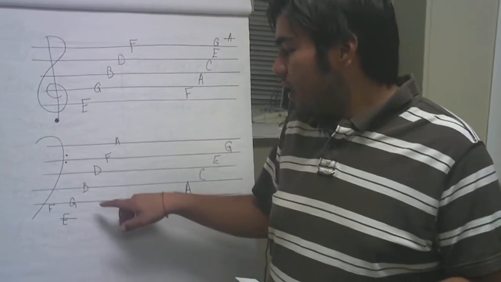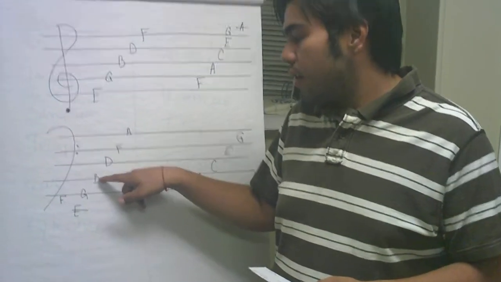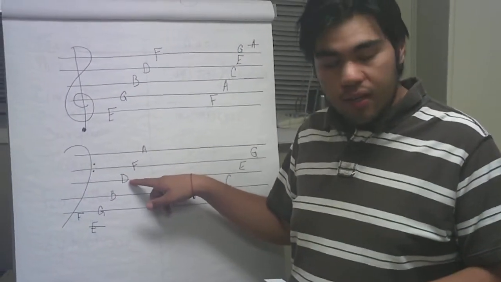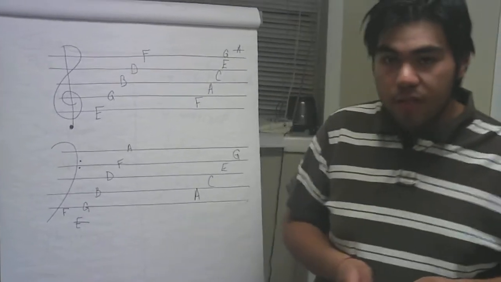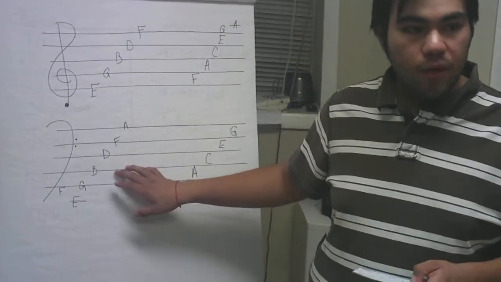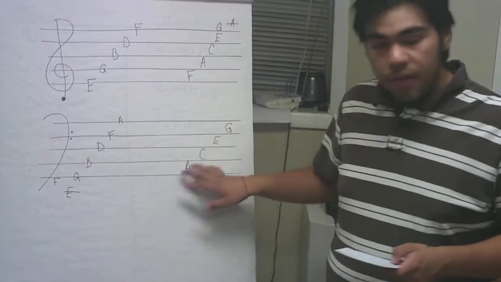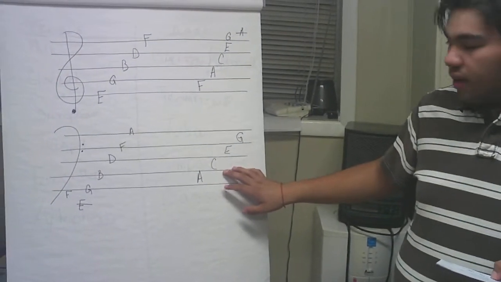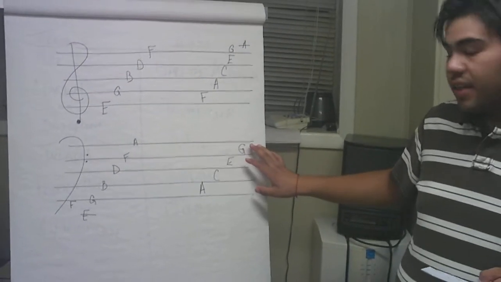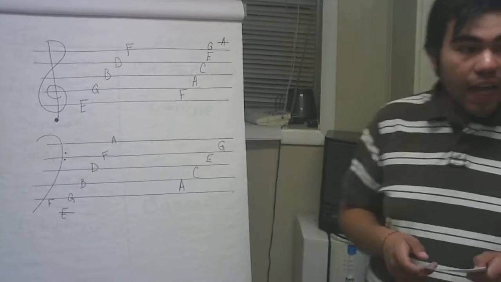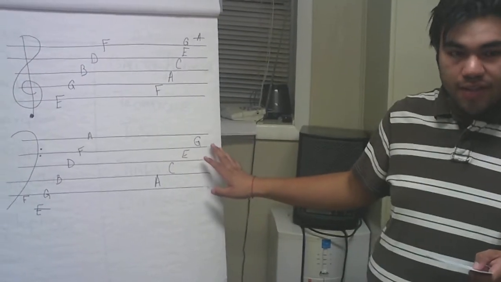Here, the names of the lines are G, B, D, F, and A. An acronym to remember this one is Good Boys Do Fine Always. Now, the spaces are A, C, E, and G. An acronym to remember this one is All Cows Eat Grass.